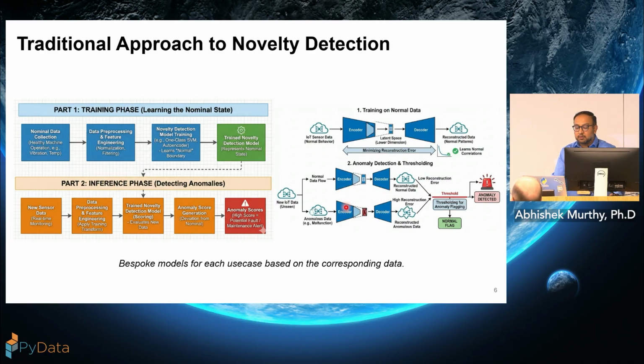But if the autoencoder network fails to reconstruct this data point very well, it means that this could be a potentially new data point that it had not seen during training, right? The autoencoder is trained on the specific data for the use case, and it can reconstruct the data well if and only if it is nominal, right? Because it was shown only nominal data during training. This is just a way to instantiate this workflow on the left for autoencoder networks.